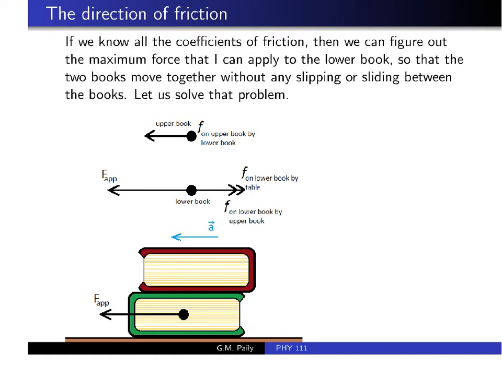If we know all the coefficients of friction, that is the friction between the two books and the friction between the table and the book, then we can find the maximum force that I can apply to the lower book so that the books move together without slipping or sliding.